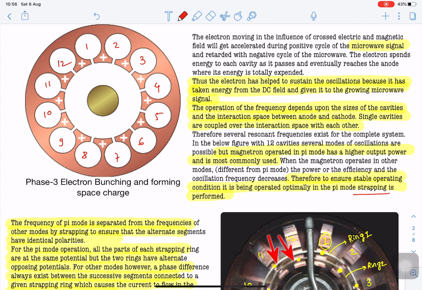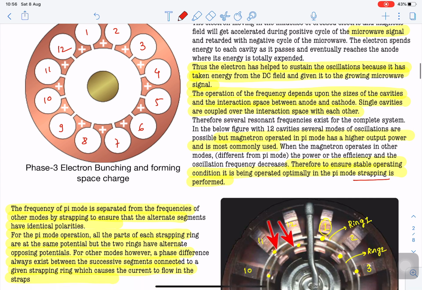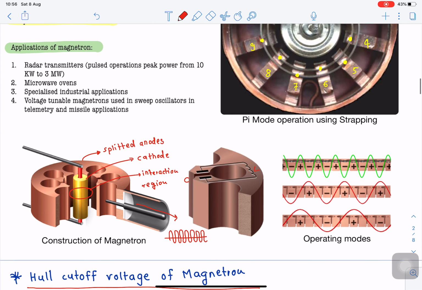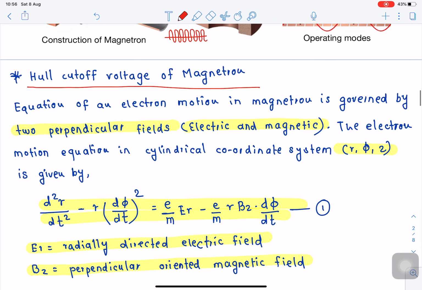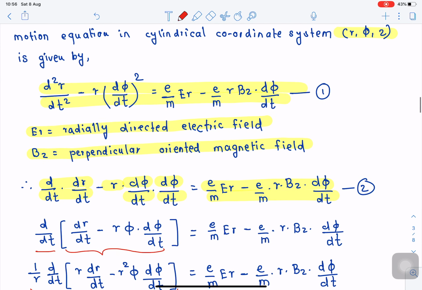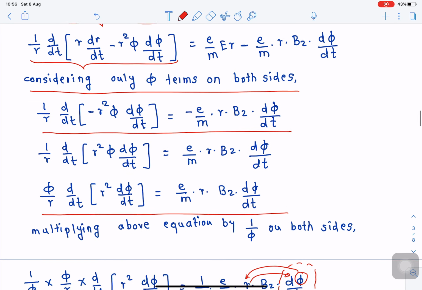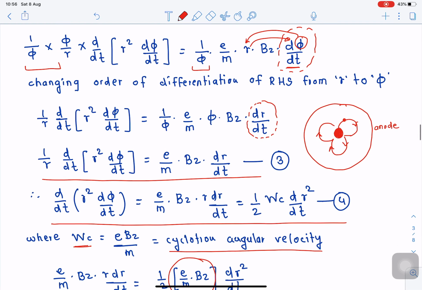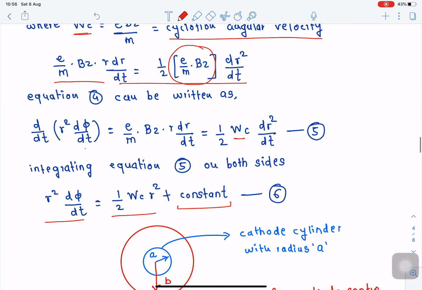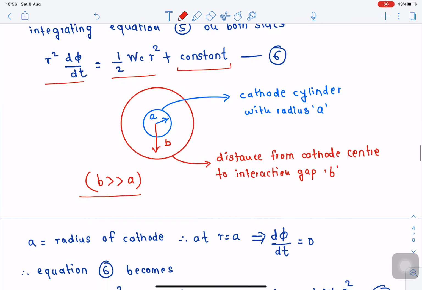So 12 cavities means we normally employ an even number of cavities, and these cavities are alternately short circuited by using two thick metallic strips. That process we call strapping, and this strapping is done in order to ensure that our magnetron is always going to operate in the pi mode.